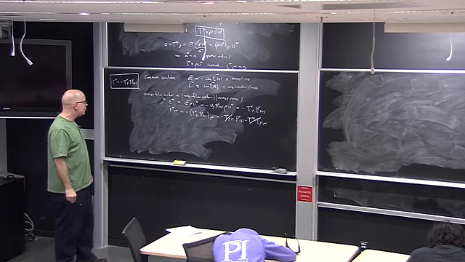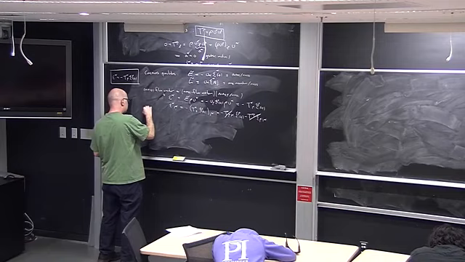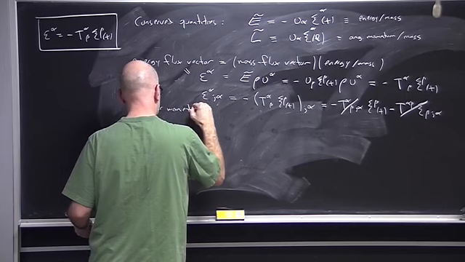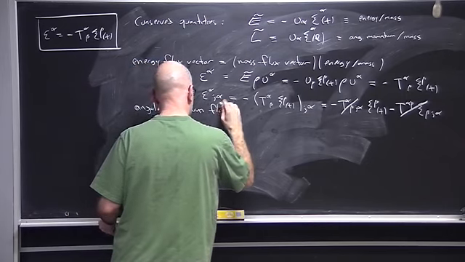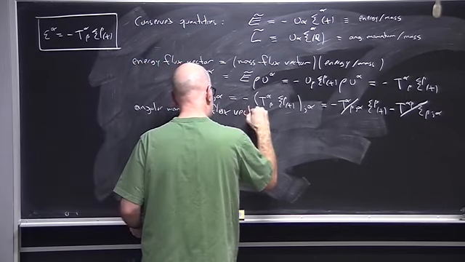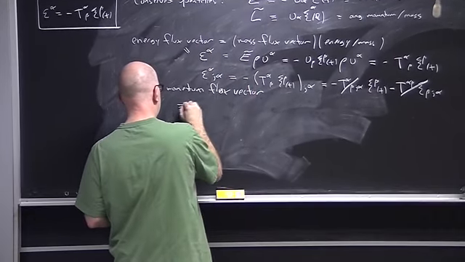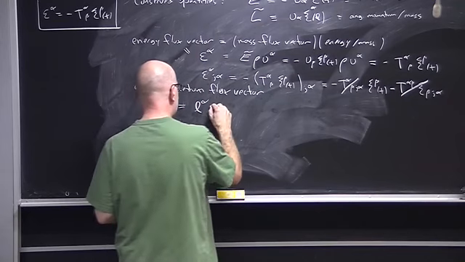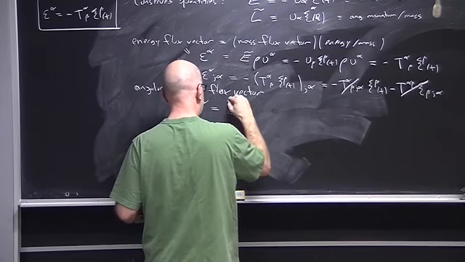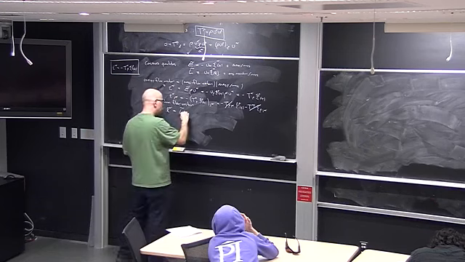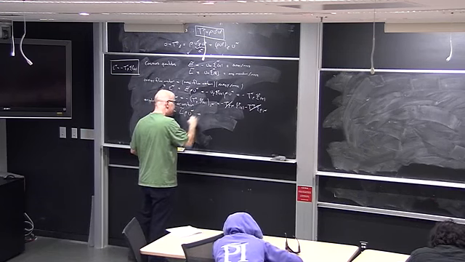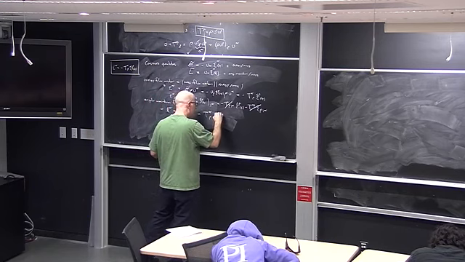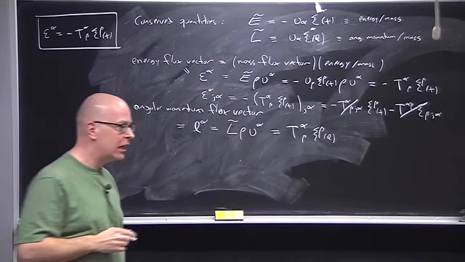Well, we can do it for angular momentum. So the angular momentum flux vector, and I'll introduce the notation L for that, L alpha. Well, that's going to be the rest mass flux vector multiplying the angular momentum per unit mass, by the same argument. And this is given by the energy momentum tensor dotted with the rotational Killing vector.